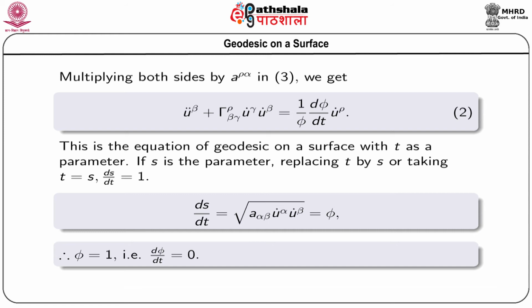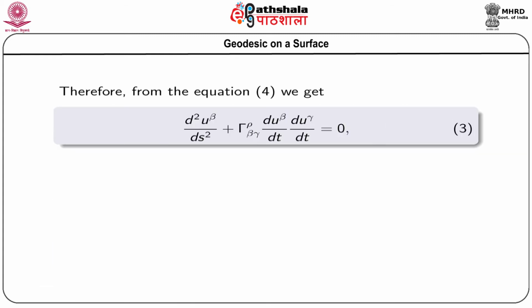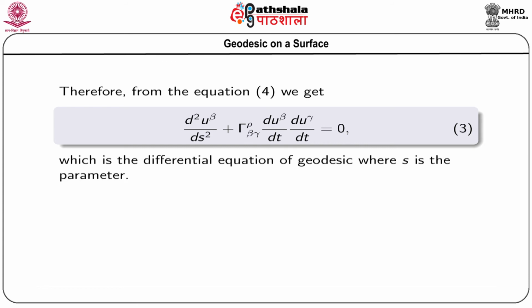So, the right hand side of 4 becomes 0 when t is replaced by s. In that case, equation 4 reduces to this form: d²u^β/ds² plus Γ^ρ_βγ du^β/ds du^γ/ds equals 0, which is the differential equation of geodesic when s is the parameter.